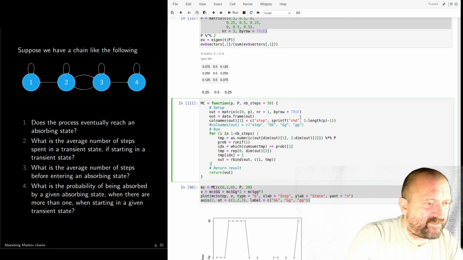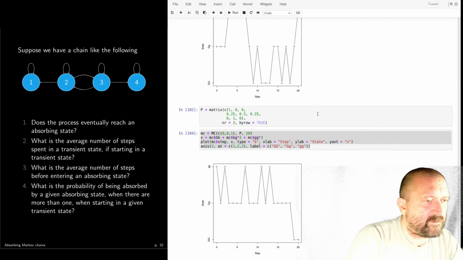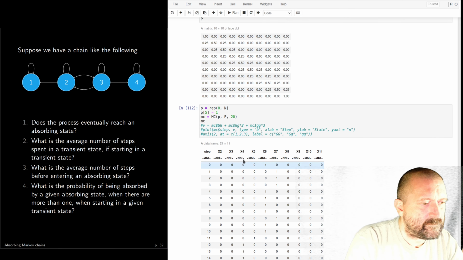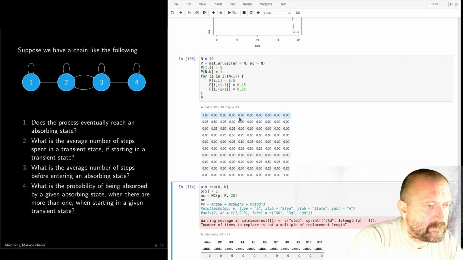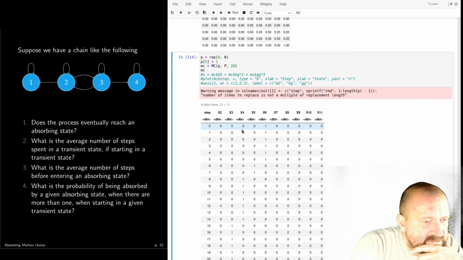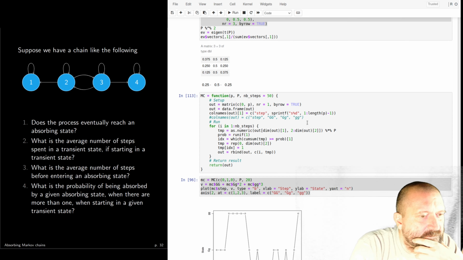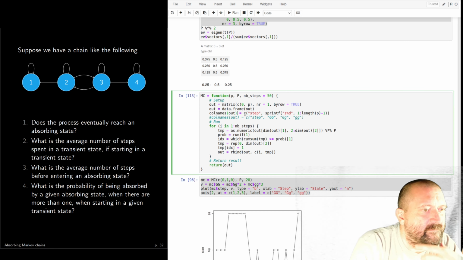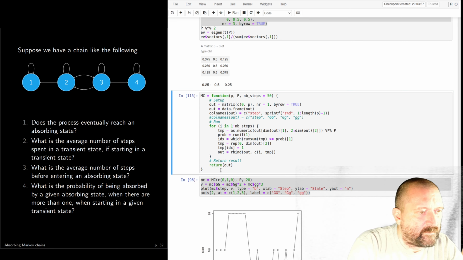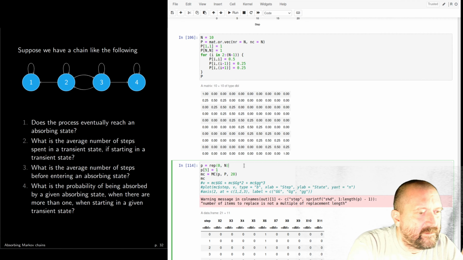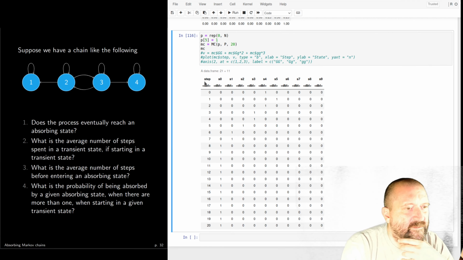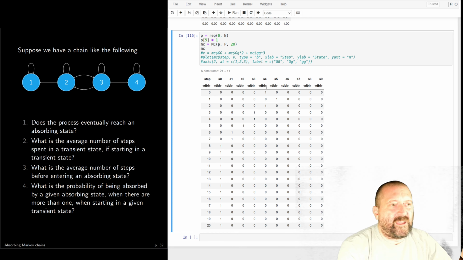Let's see if this works. So the number of items is not a replacement. Oh, I've made something stupid in here. Yes, I forgot to remove the fact that it's the last entry.